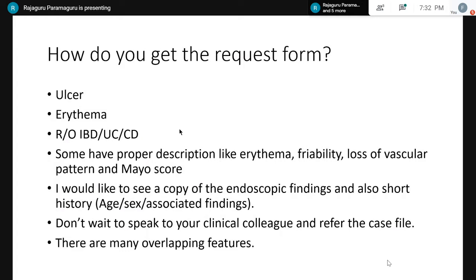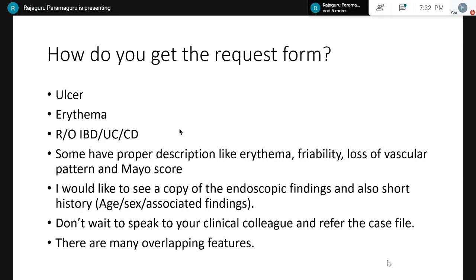You can just ask them to fill in properly what they are seeing in the endoscopic picture, and also a brief history of how the patient presented, like whether the patient had mucus and blood in the stools, or has alternating episodes of constipation or diarrhea, whether these events were acute or chronic, and so on.